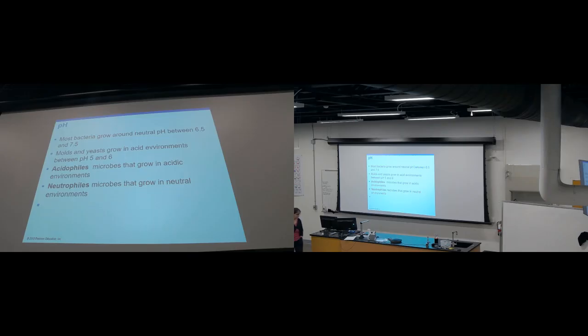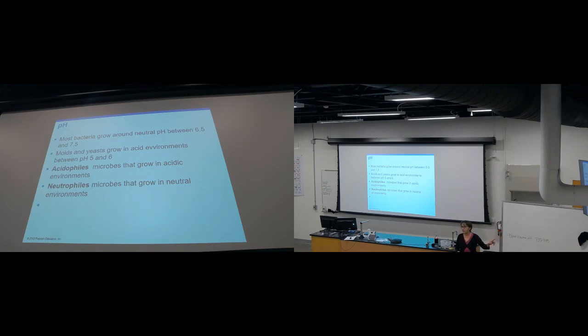So if you remember the pH of human blood plasma, it is between 7.35 and 7.45.